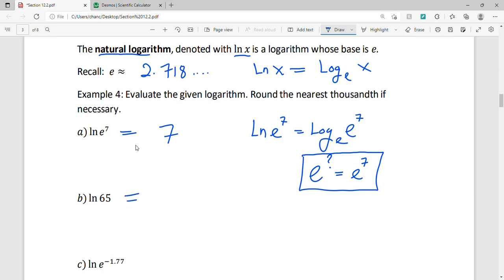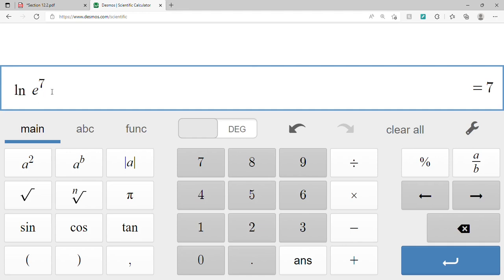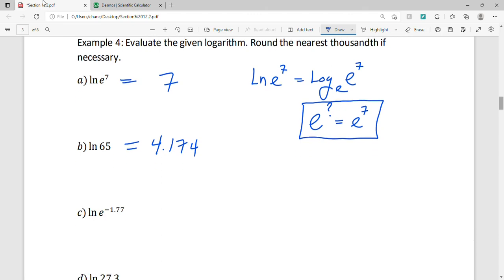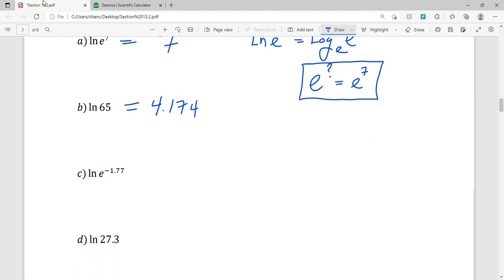Let's try the natural log of 65 on our calculators. This gives me 4.174. And in part C, you can use your calculator, or you can use example A as a guide. This is equivalent to negative 1.77.